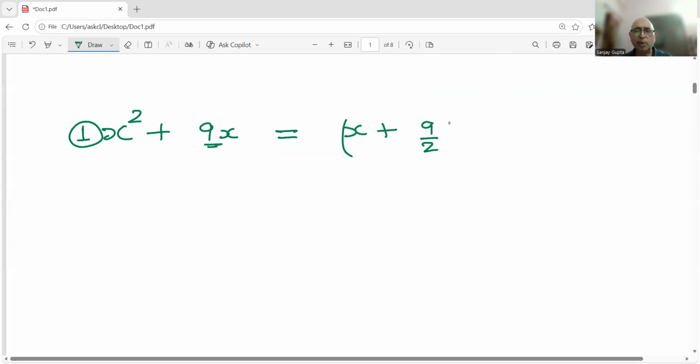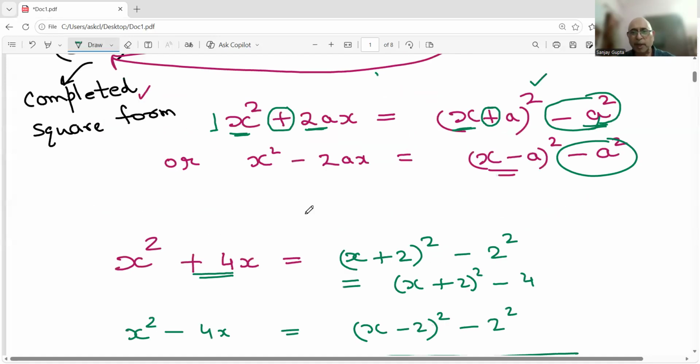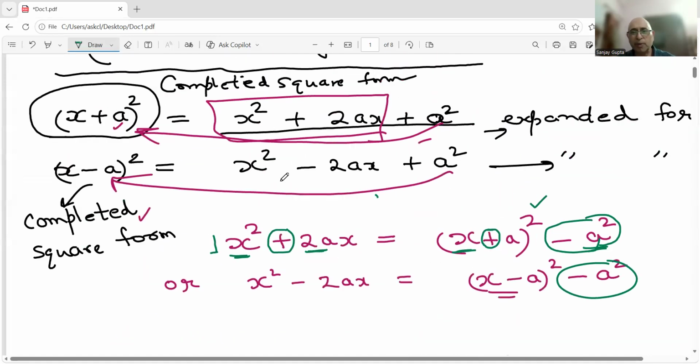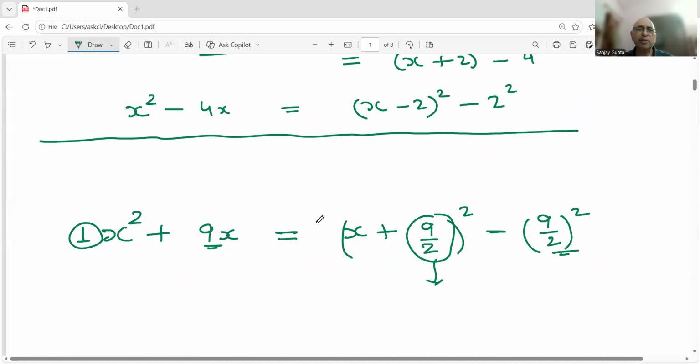And then write just whole square of that. But that is not enough. We will also have to subtract the square of this number. So you don't have to remember much. You have written this number now already along with x plus something. That something squared has to be subtracted. Then only this identity works, right? Or this form works. So this is the completed square form.